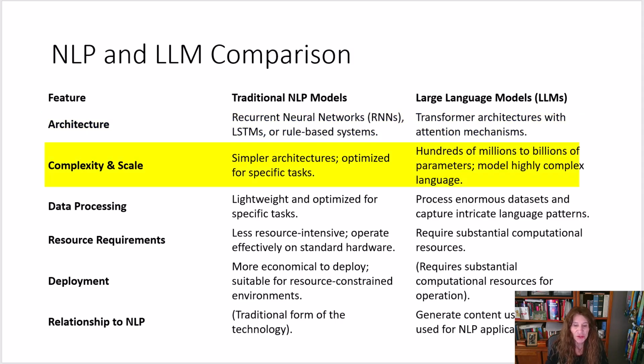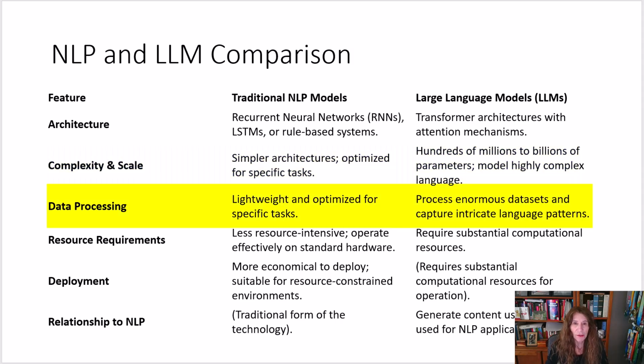The traditional NLP models use a simpler architecture, which is optimized for specific tasks, as opposed to the LLMs, which are trained on billions of parameters. And the NLP models are optimized for specific tasks, so their data processing is different than an LLM, which processes enormous amounts of data.